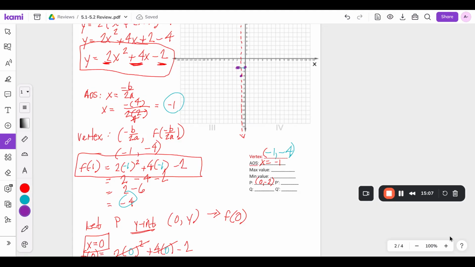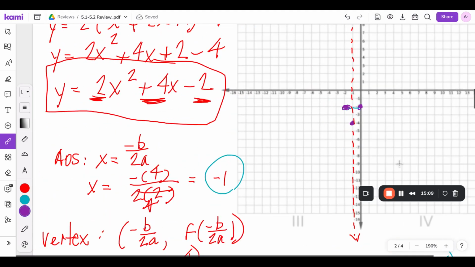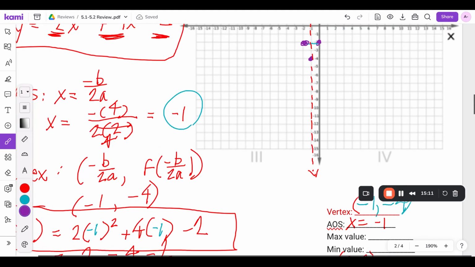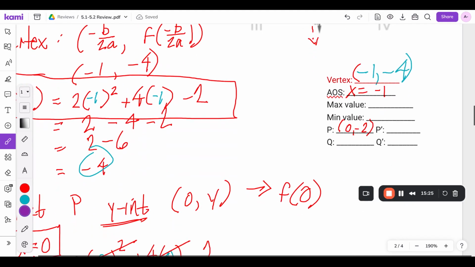Okay, let's see if I can zoom in on this a little bit, so you could see it better. Right there. What are the coordinates of that point? Well, x is -2, y is -2. So your P prime has coordinates -2, -2.